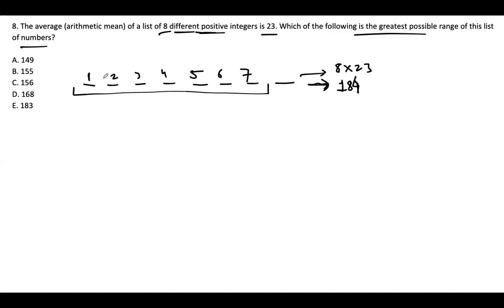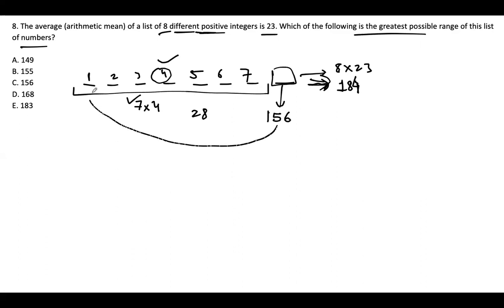It is the number of terms into the average of equidistant terms, which is the middle term. 7 plus 1 by 2 is 4, so the average is 4. Yes, 28. So if this is 28 and the total is 184, what will be this value? 184 minus 28, which is 156. So what will be the range? 156 minus 1, which is 155.